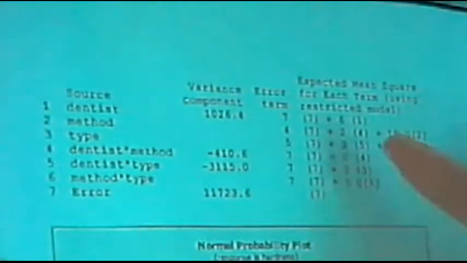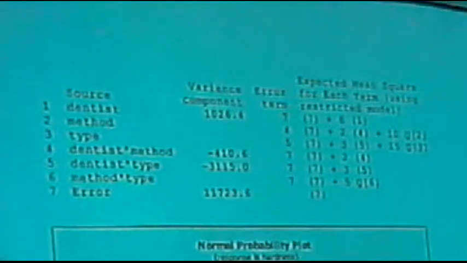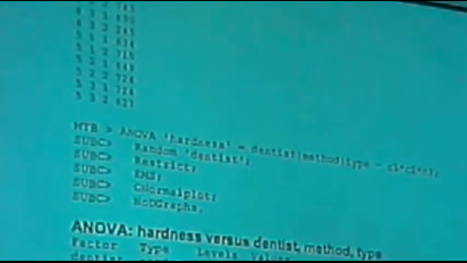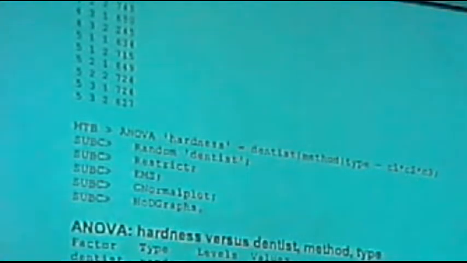So let's go back and check the ANOVA table to see whether that's what's going on here. Let's see here. So we're talking about what's the proper denominator for type. Well, so there's the mean square type.